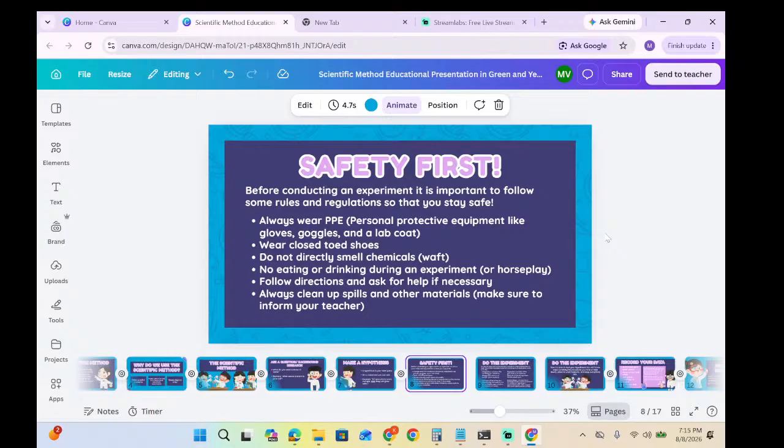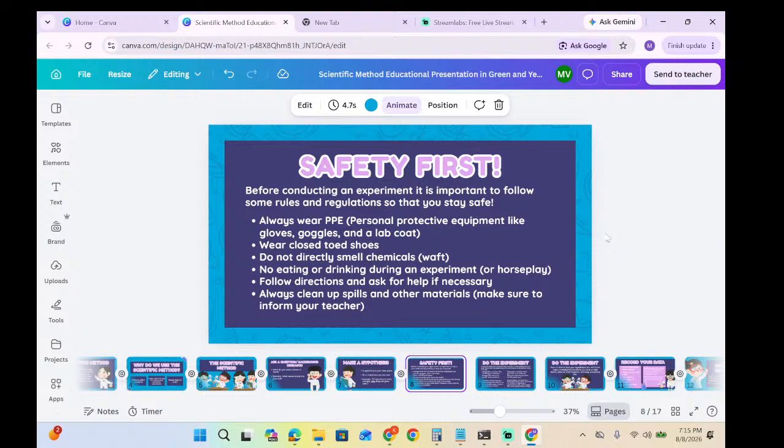Then you can waft it gently, instead of sticking your entire nose into the beaker, which is scientific equipment. It's kind of like a glass, but for chemicals, and specifically designed so that there's a measuring scale on it and everything.